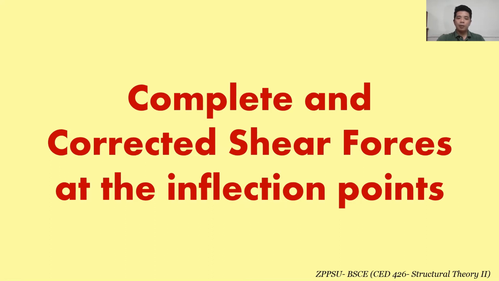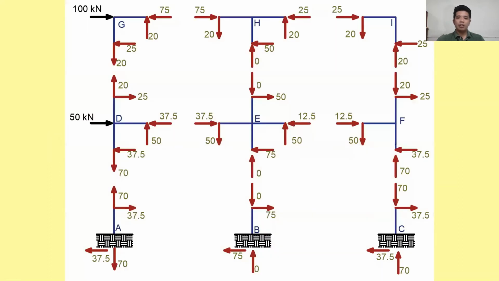So kung nag-assume ka ng pataas and then nag-negative, sa final figure mo dapat pababa na yung force na yun. So this is the corrected and complete. Ayan. Sorry, may harang. Ayan.